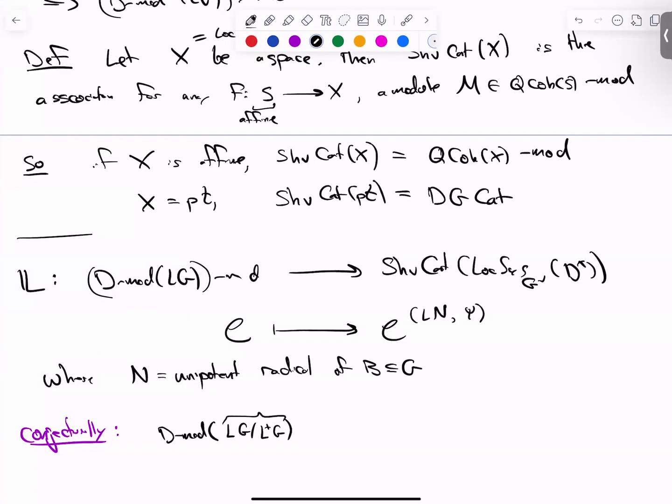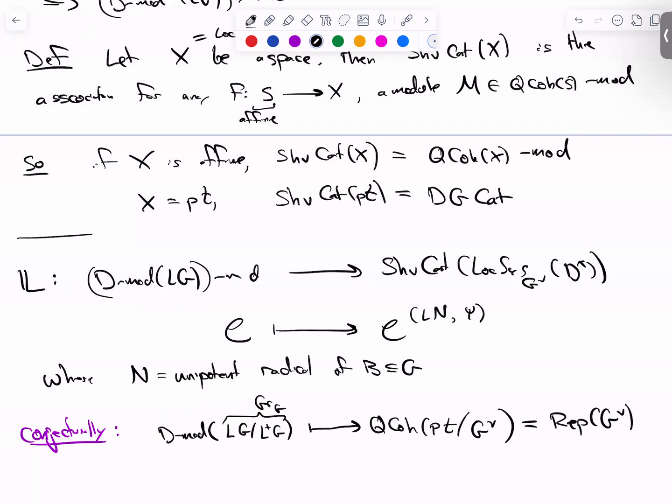This is an object of D mod LG mod, because D mod LG acts on this space on the left. And what Whittaker reduction does is map it to quasi-co of point mod G check. And then this is rep G check, by Castleman Shalaika.